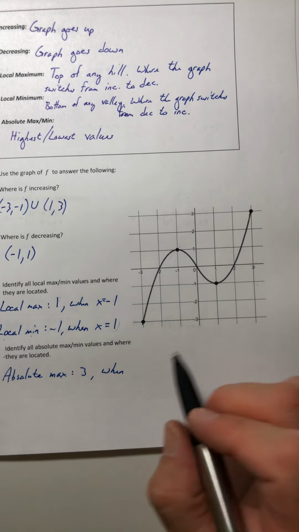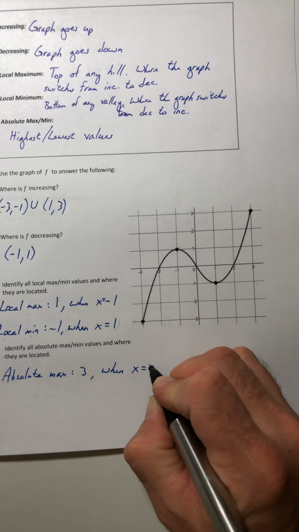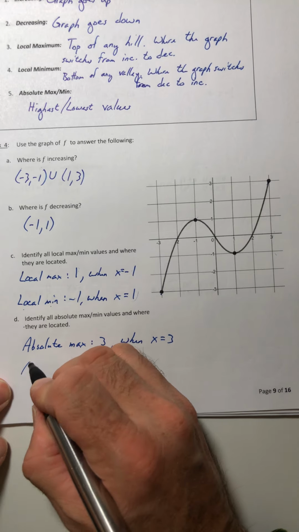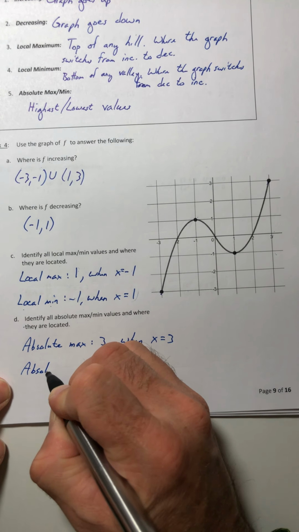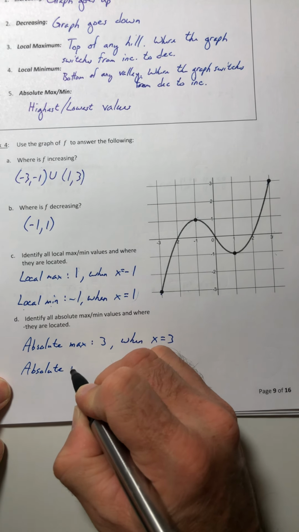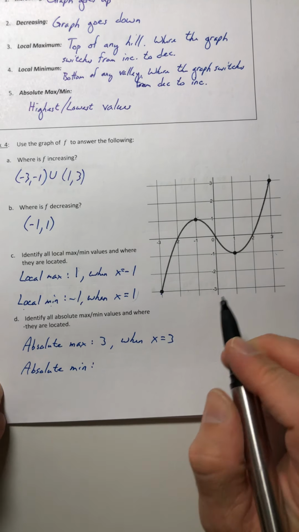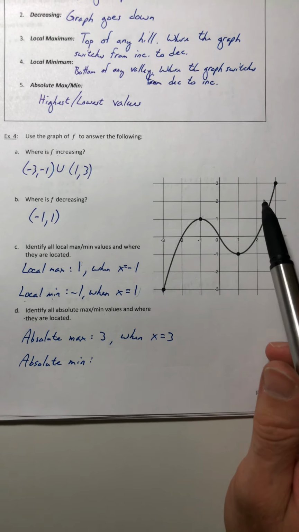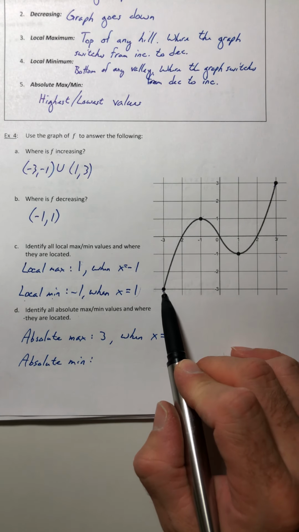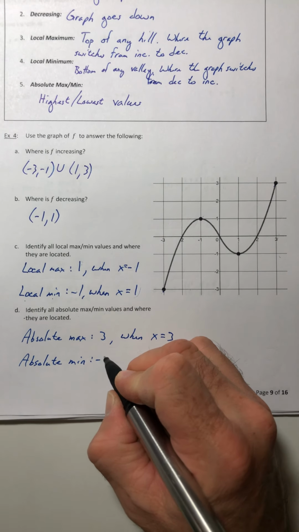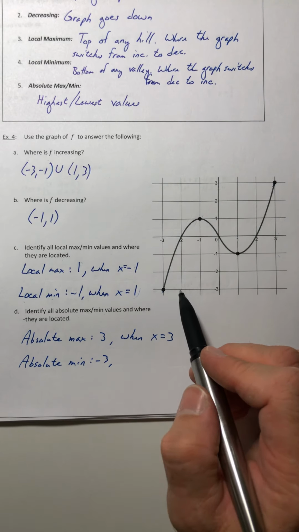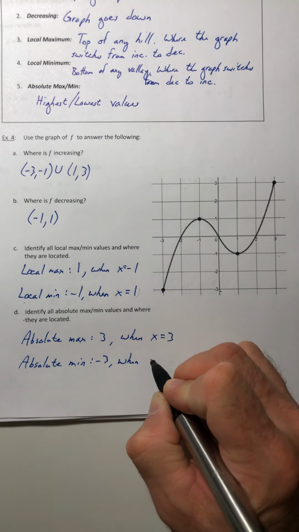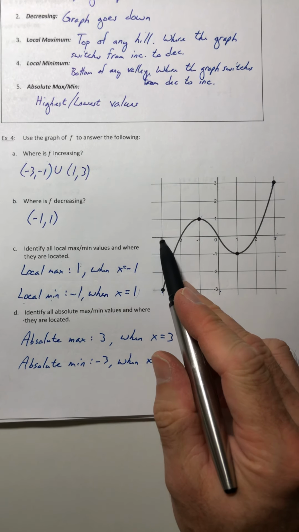So that would be when x is +3. The min, well, what's the actual lowest y value on this entire curve? Well, that would be over here. So the value itself is -3, because that's the y. And then the location is the x.